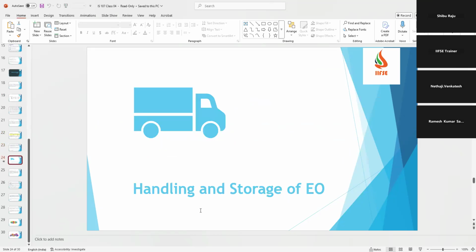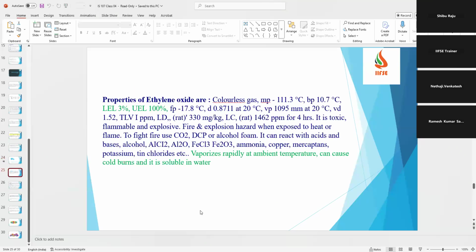Okay, it starts from handling and storage of EO, which is ethyl oxide. This is also one of the chemicals which has toxic, flammable, and explosive properties. Basically, it is a colorless gas. It has a melting point of minus 111.3, boiling point of 10, LEL is 3, and UEL is 100.